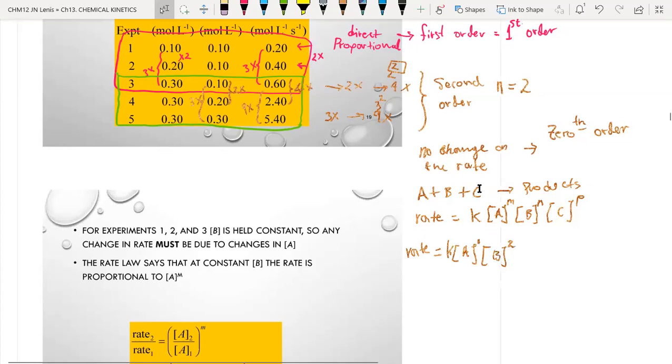But let's say we have another experiment with C. We keep A constant, we keep concentration of B constant. We just change concentration of C. We double concentration of C. See what happened with the rate, and it did not change.